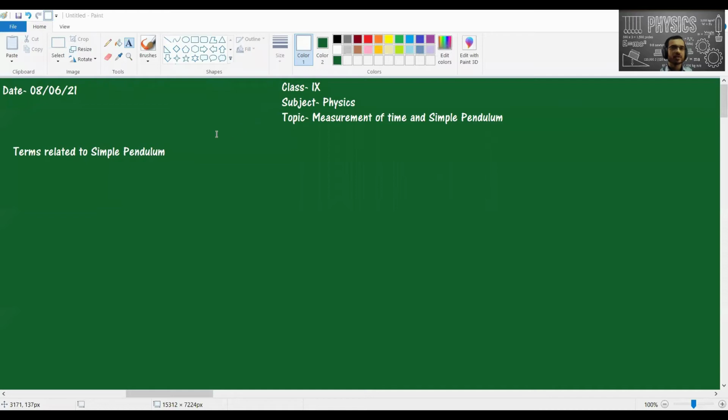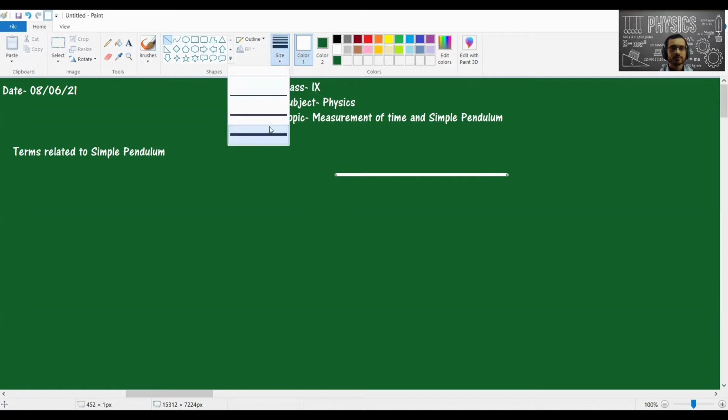So in the previous class, we have discussed the terms related to simple pendulum. So let's draw a pendulum first. This is the rigid support to which the pendulum is supported.